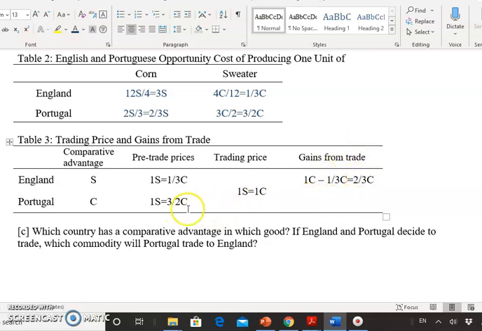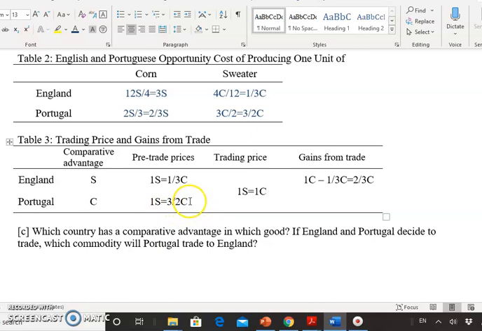Okay, for Portugal, we could do the same thing. Because it has a comparative advantage in corn, they want to produce more corn. And once they get more corn, they want to export the corn to England.